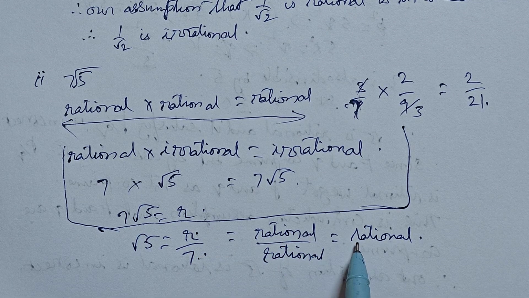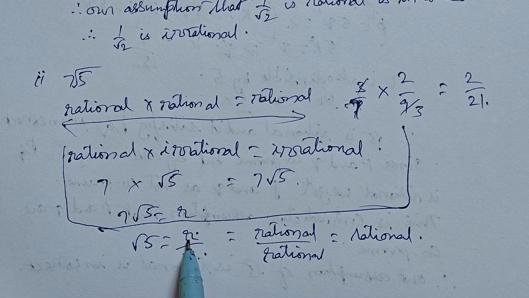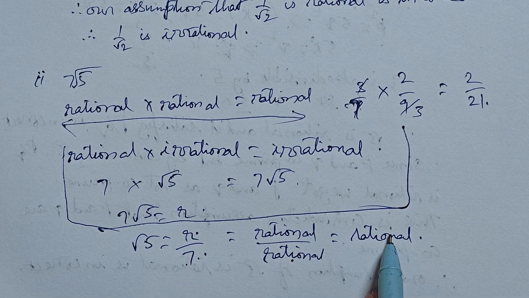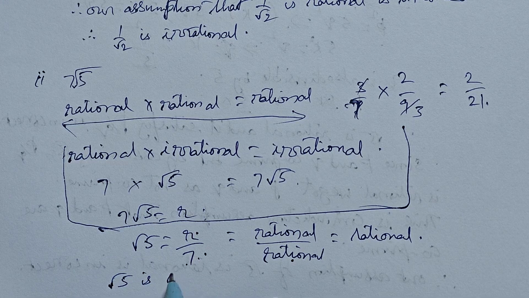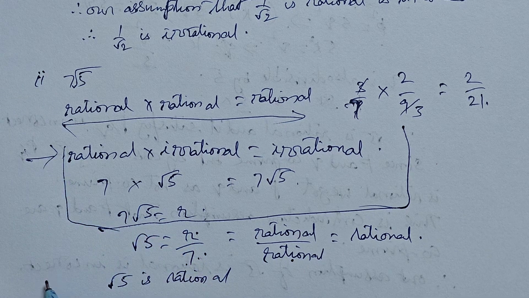Rational by rational always gives a rational, that is the property. Therefore r by 7 is equal to root 5, so root 5 is rational. This is another method, the second method you are doing, remember.